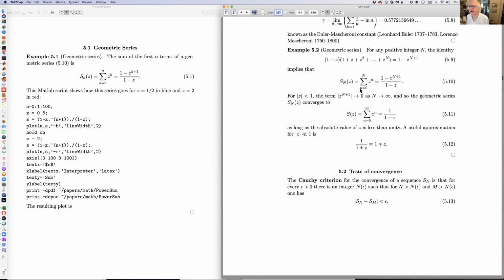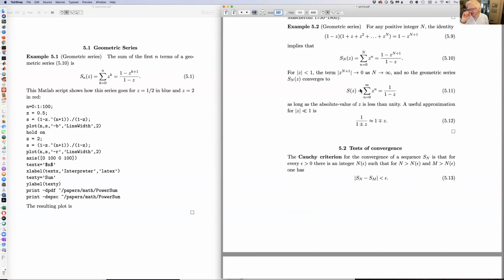Let's look at an important example. This is a crucial example, and it's almost all you need to know. What's called a geometric series. If you just consider this product, you take 1 times this partial sum, and you get, of course, 1, and then you get all of these terms.